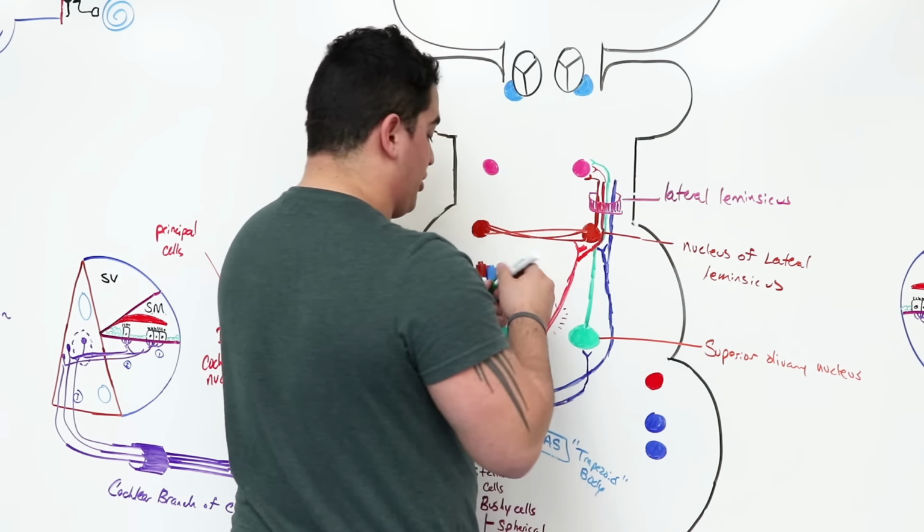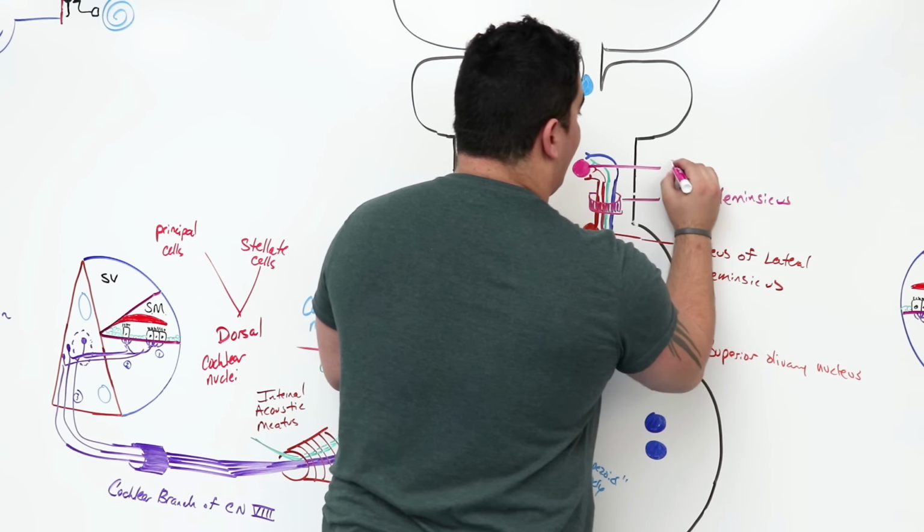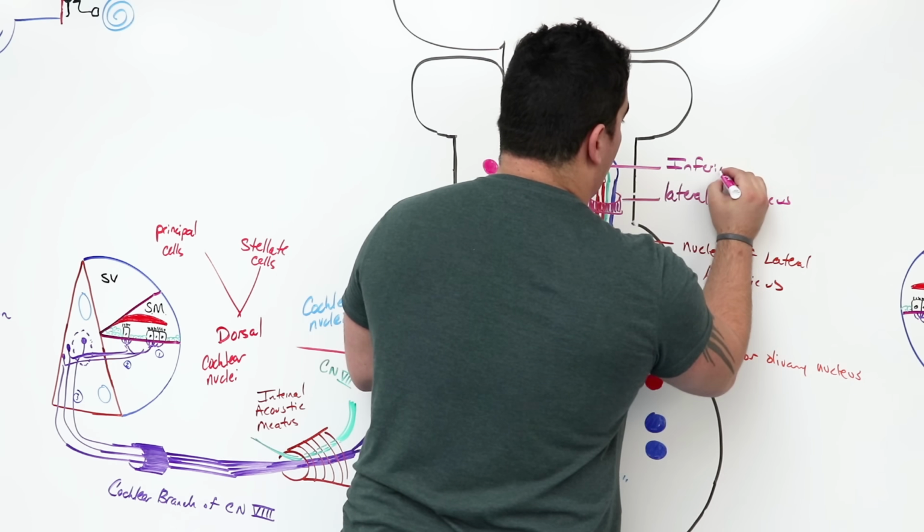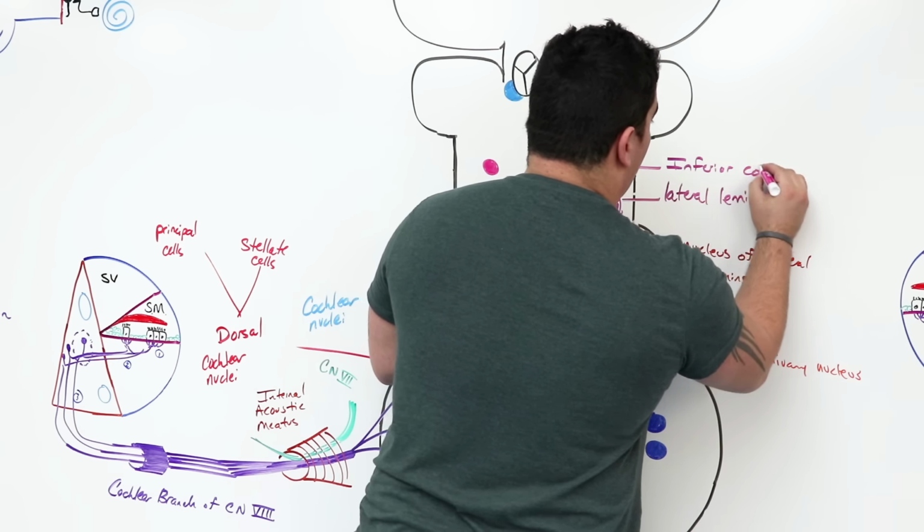Okay, so they call it the inferior colliculus. So what is this purple nucleus here called? They call this the inferior colliculus.